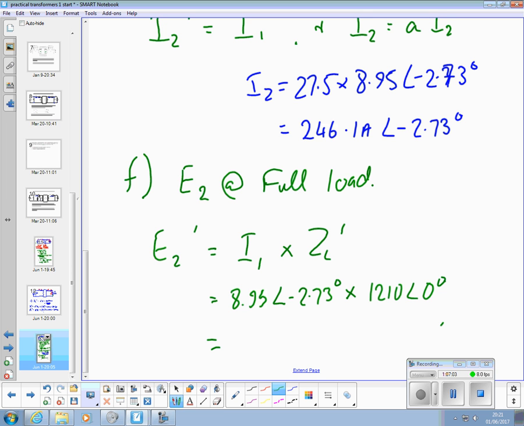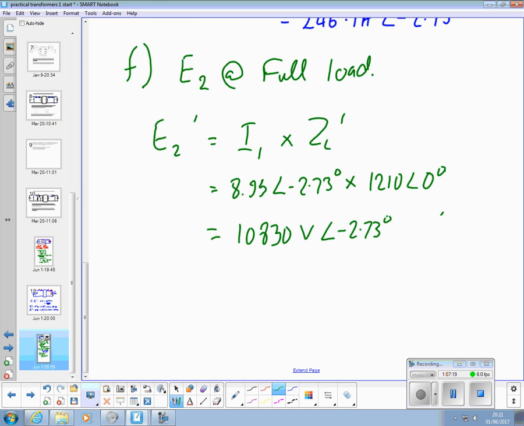The answer to that is 10830 volts, angle minus 2.73 degrees. That's the secondary voltage transferred to the primary side. So you can see we're putting 11,000 volts in, and we've already lost some.